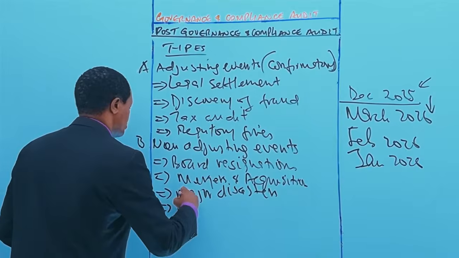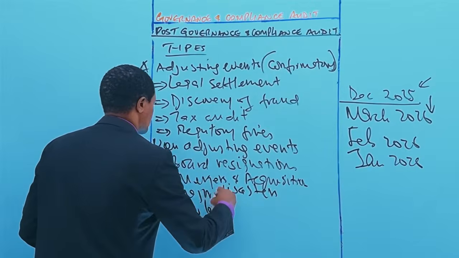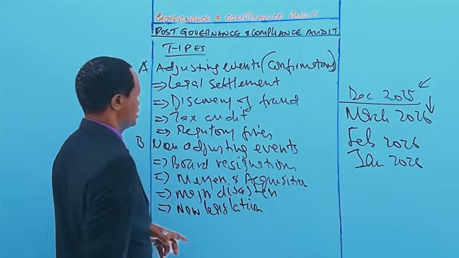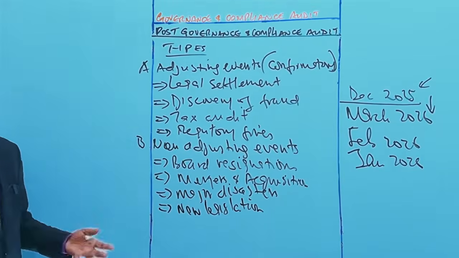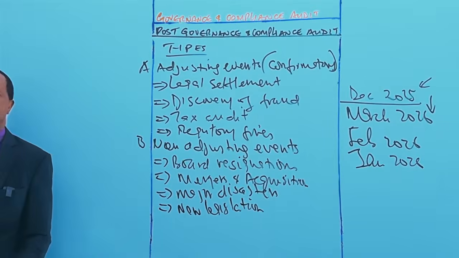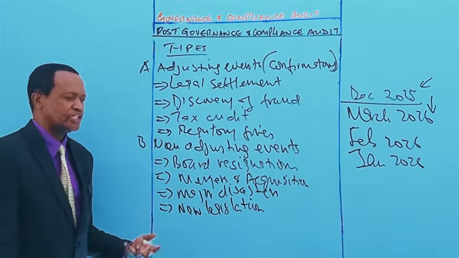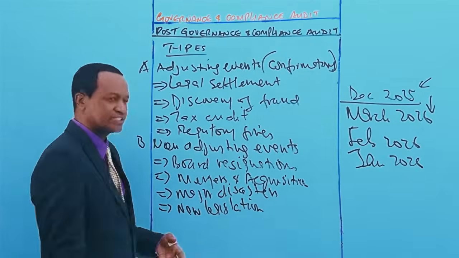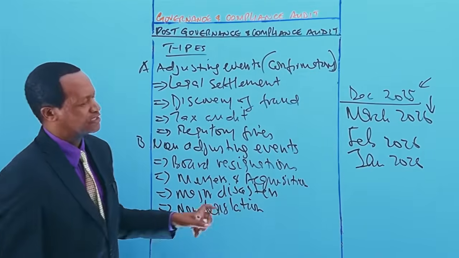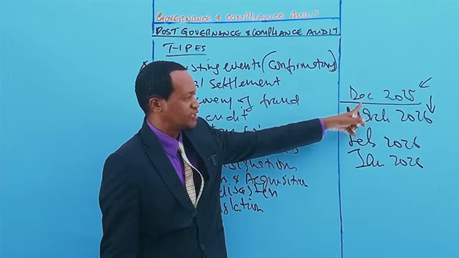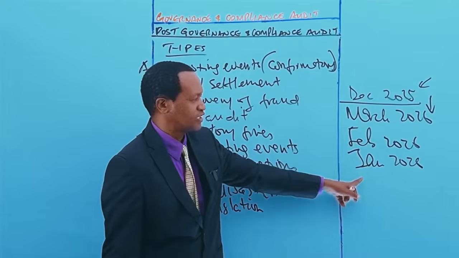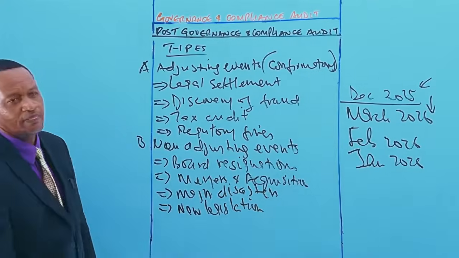Example for new legislation. These are examples of candidates of non-adjusting event. There's a new legislation, for example, the enactment of a new law, or it could be a change in the Companies Act. So that did not exist in 2025, but that happens after 2025, say in February 2026.